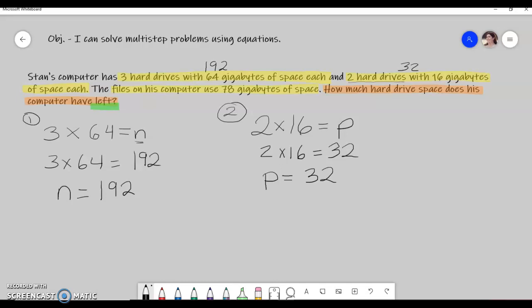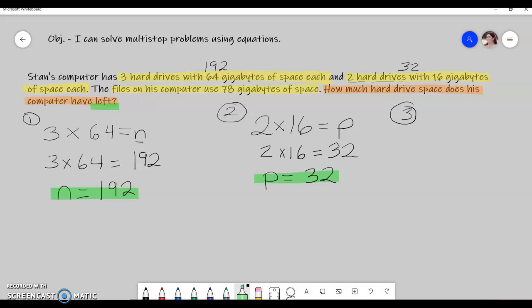So what we need to do is figure out the total amount of hard drive space that is on his computer. So we know that the first three hard drives with 64 gigabytes each is 192. And we know that the two hard drives with 16 gigabytes is 32. So what we have to do with those is add them together.